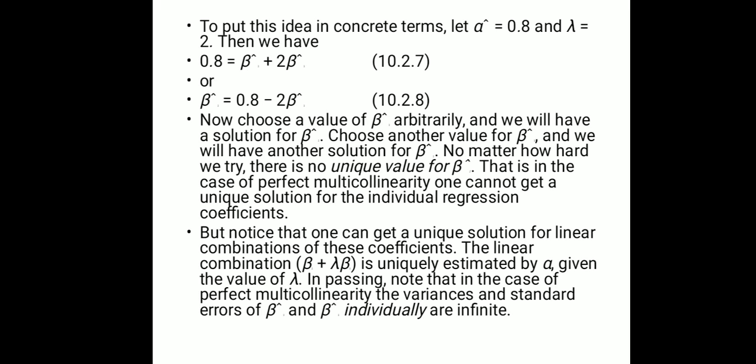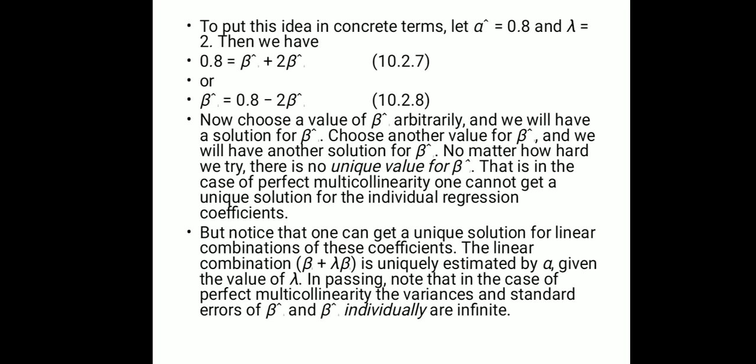Now choose a value of beta 3 cap arbitrarily and we will have a solution for beta 2 cap. Choose another value of beta 3 cap and we will have another solution. So in this way there are a number of values, there is no unique value, and hence they are multicollinear. One cannot get a unique solution for the individual regression coefficients.